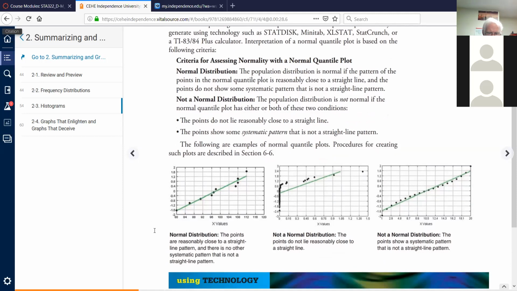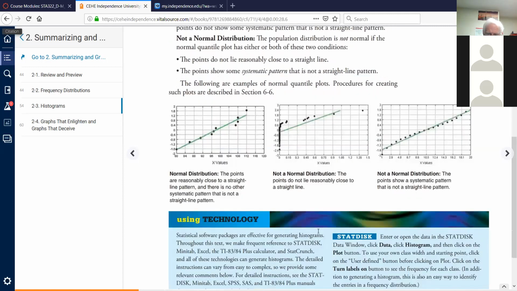If it's a normal distribution, then these points would be reasonably close to a straight line. Not normal is they don't at all. They've got numbers all over the place.